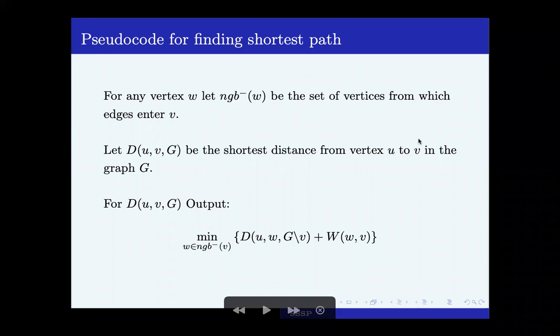Less weight, we can put it up, and doing this, we can say maybe order of n square. N is the number of vertices. How will you do this calculation? D of U W G minus V.